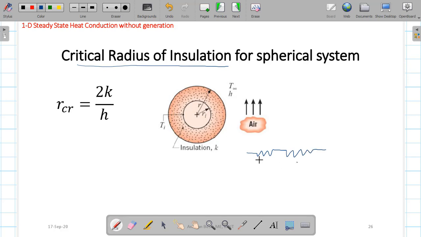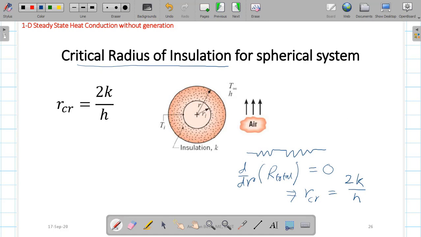If you do the same analysis, you will find that d/dr of the total resistance equal to 0 gives the value of the critical radius, because here also the second derivative will be positive, which means it is a minimum. So the critical radius you can find, and it will be 2K by h if you do the calculation.